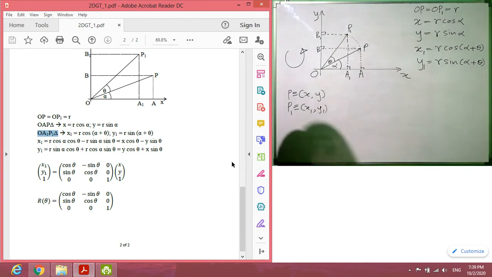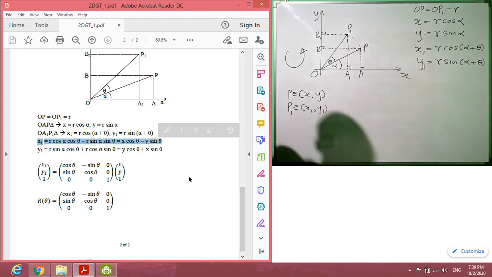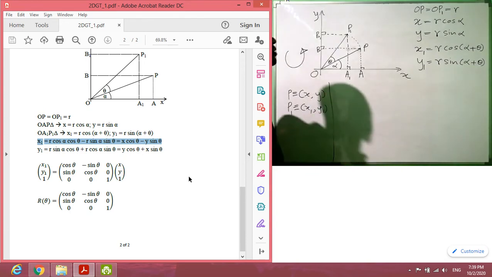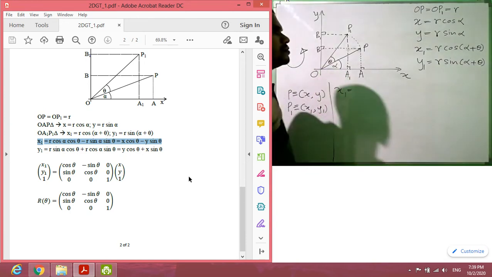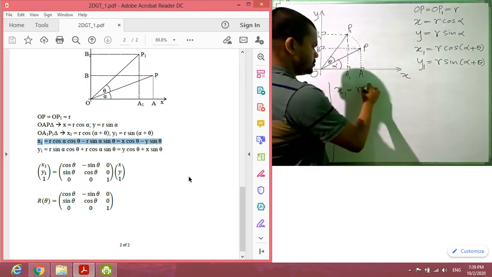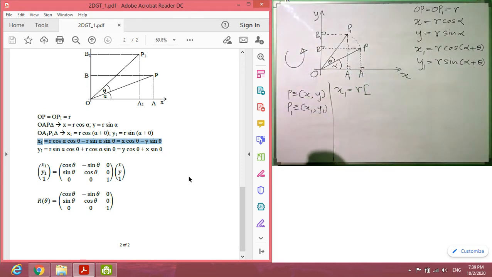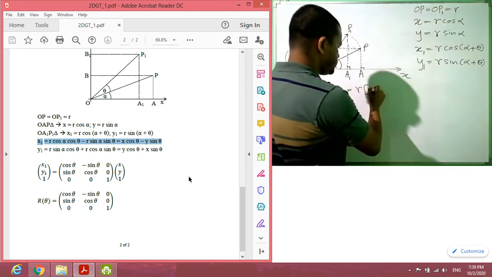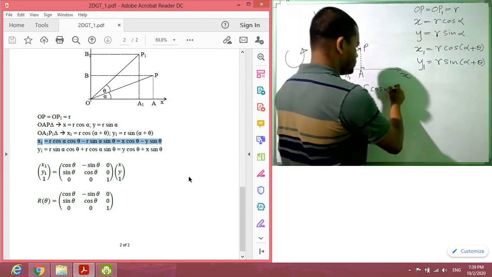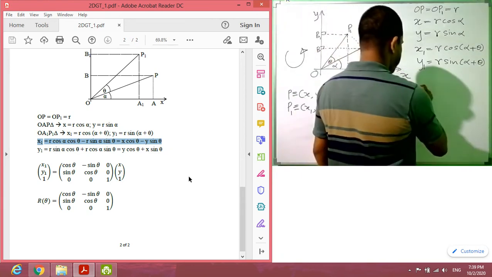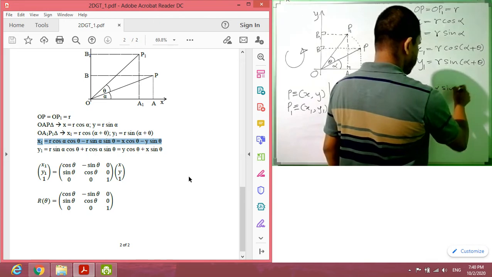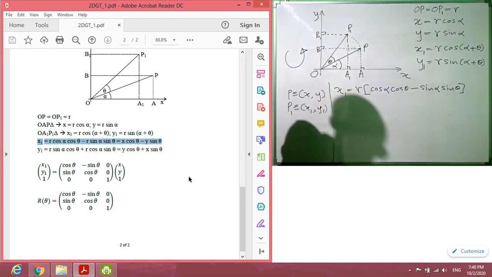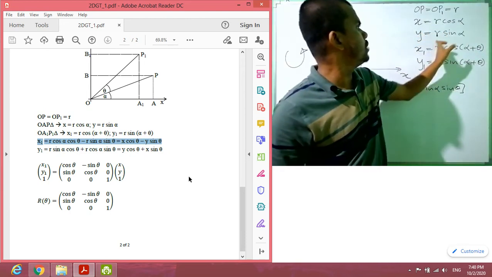Okay, then we can expand the x1 value. This one, R (cos alpha cos theta minus sin alpha sin theta). Then again here let's try to form this value and this value here.